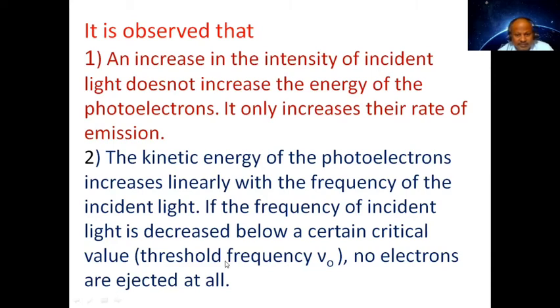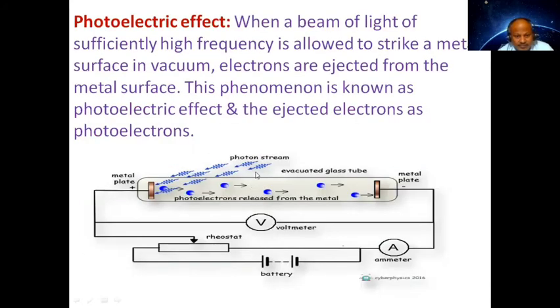Understand? So the kinetic energy of that photoelectron increases linearly with the frequency of incident light. If the frequency of incident light decreases below a certain critical value, that is the threshold frequency, no electrons are ejected.